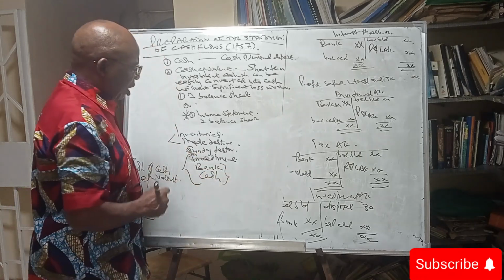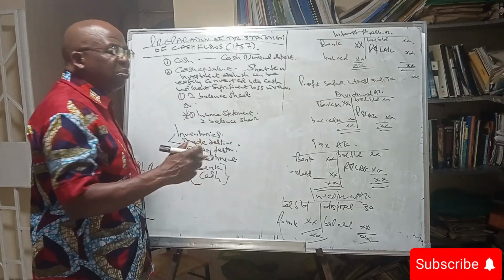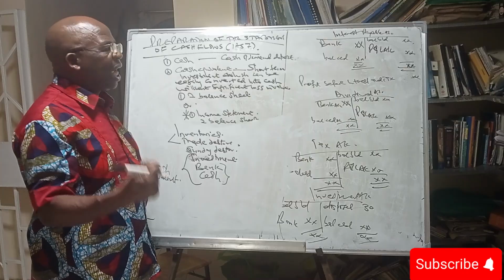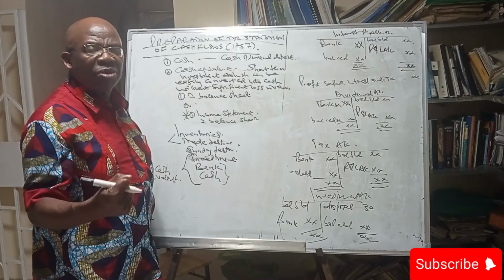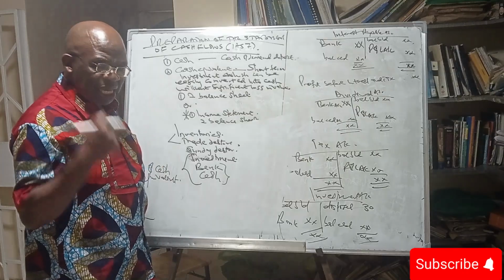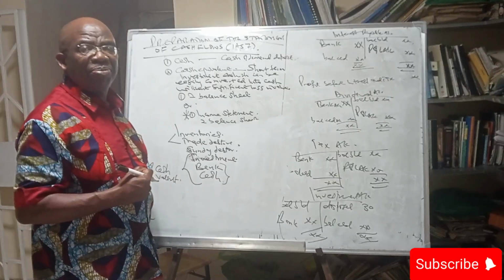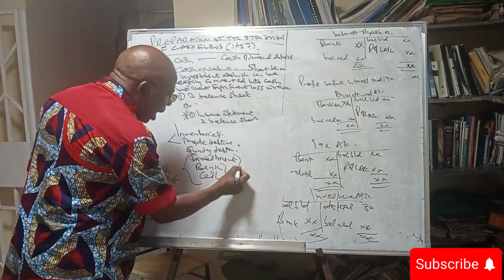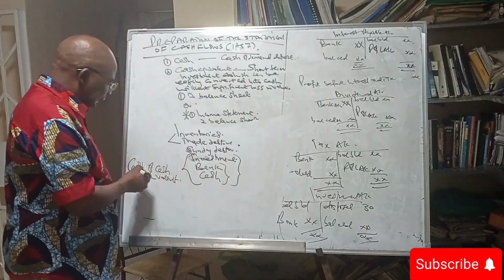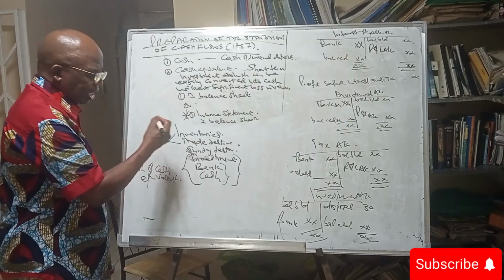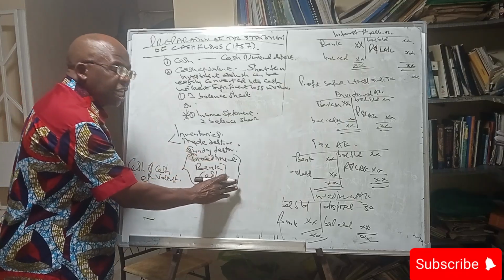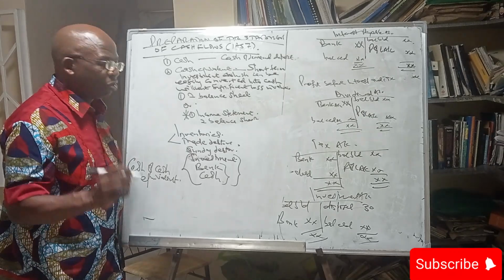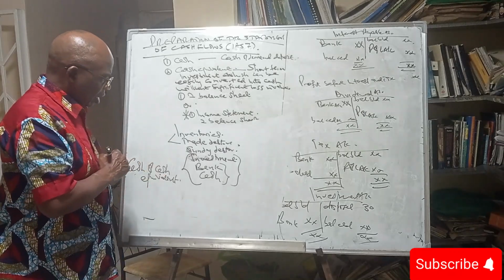We say that cash means money in hand, or money in the bank, or any demand deposits. Any money we have kept in the bank, but you can go and demand it and get it. Now, we are saying the three of them are added together to get cash and cash equivalent. What we are looking for is the movement of cash and cash equivalent.